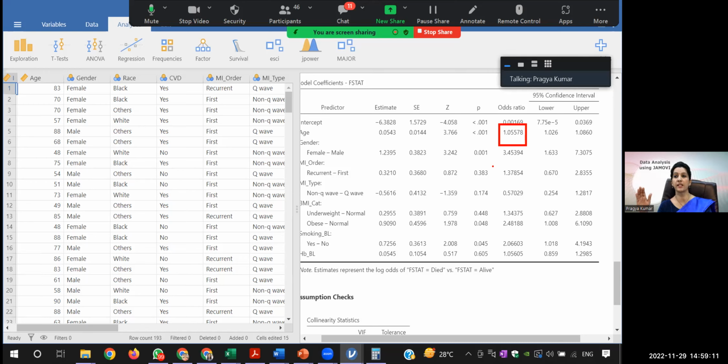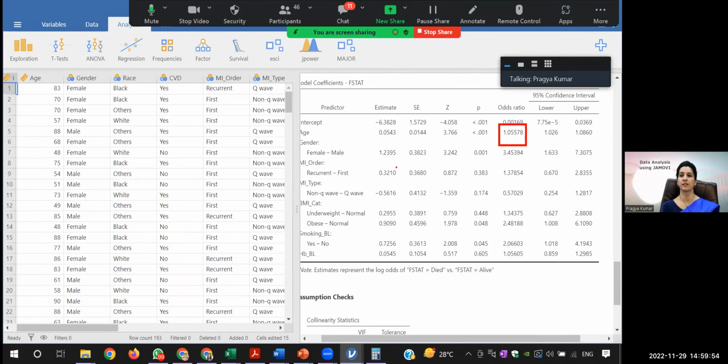Yes, Kaushik is writing, increase of 1 year of age will lead to 1.05 higher odds of death. True. But now one more question. If I increase 2 years of age, then how much will the odds be higher? Yes, Dr. Kaushik, this question is to you. So if I say that increase of 2 years, then what will be the odds? It will be 1.05 into 1.05.